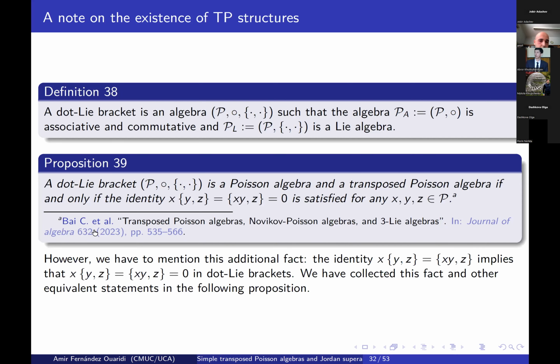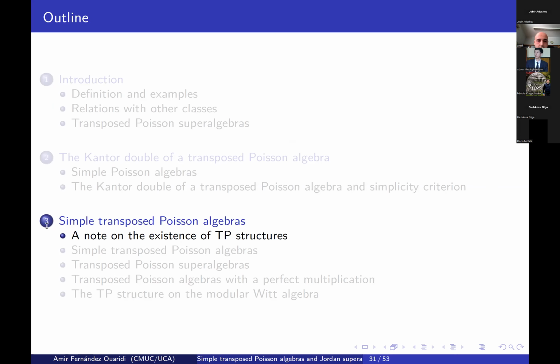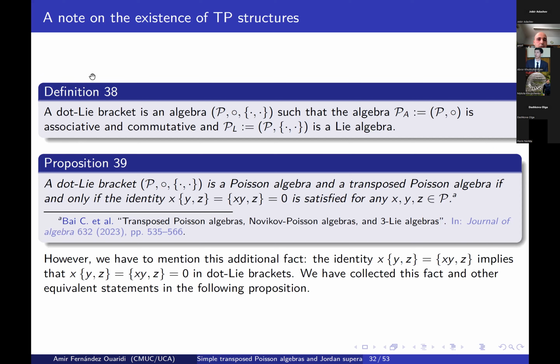So now, for simple transposed Poisson algebras, let me first give a note on the existence of transposed Poisson structures. A dot-Lie bracket is an algebra such that the dot, or the circle, is an associative commutative algebra and the bracket is a Lie algebra.